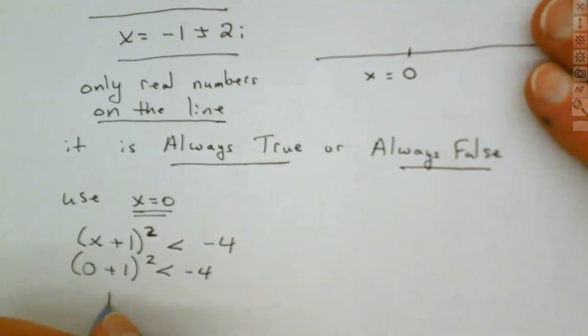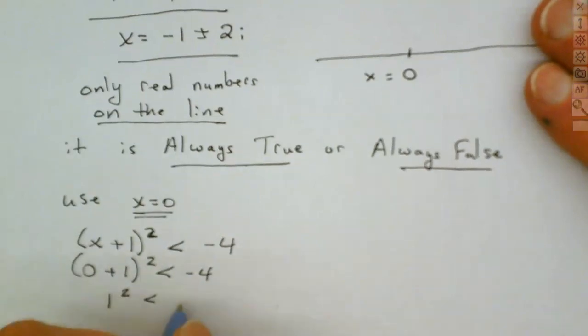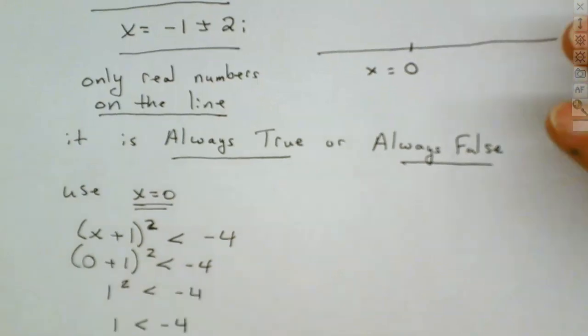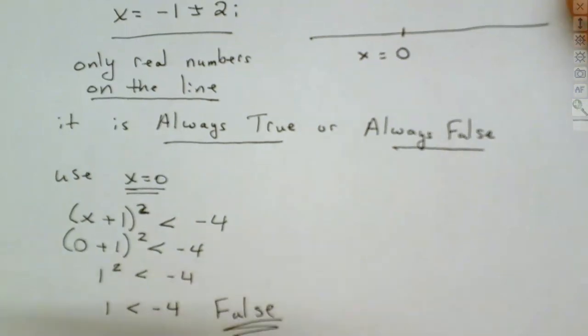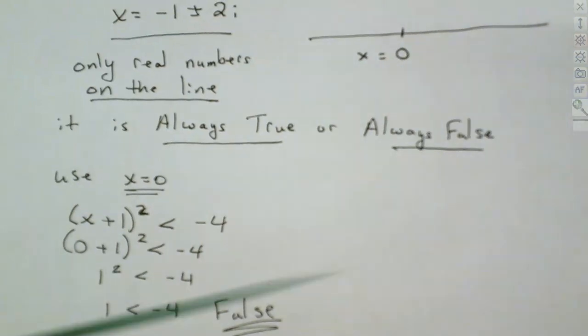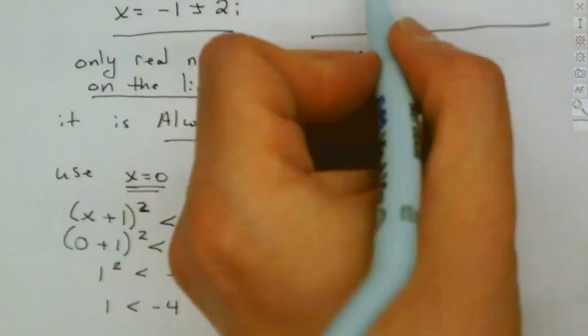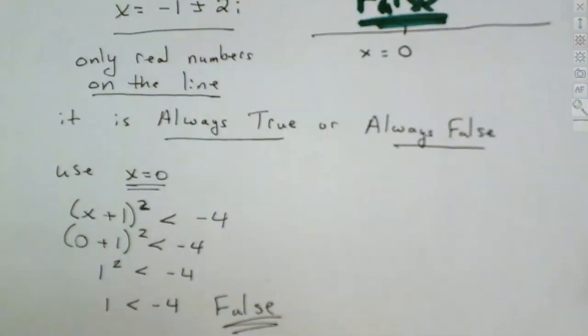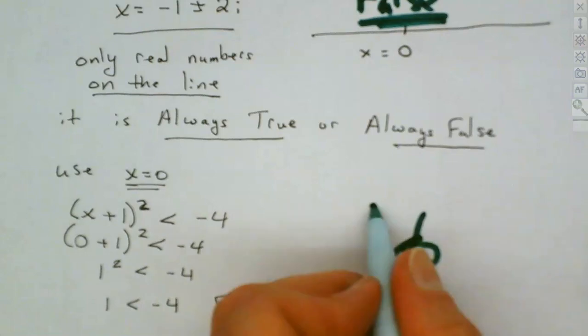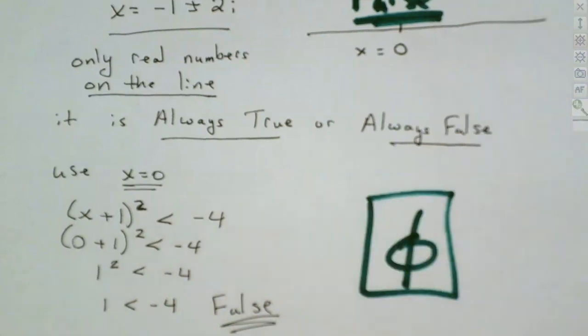I get 1. 1 squared is 1. And is 1 smaller than a negative 4? Is that true or is that false? This would be false. Now, it's either always true or always false when you have no critical points. So in this case, it's going to be what? All false. Okay, so that means your answer would be what? The empty set, the null set, because it's all false.